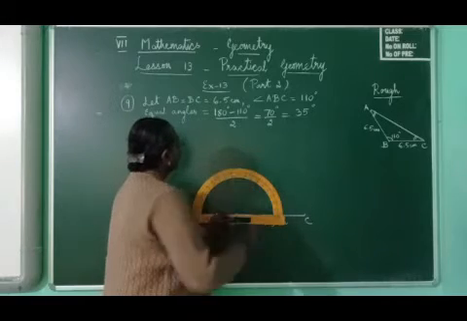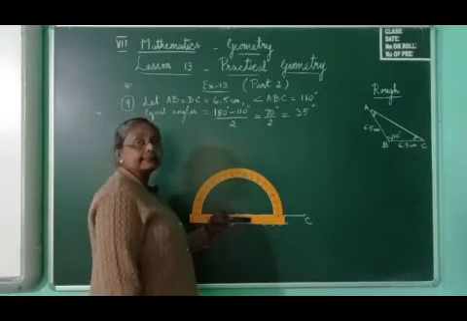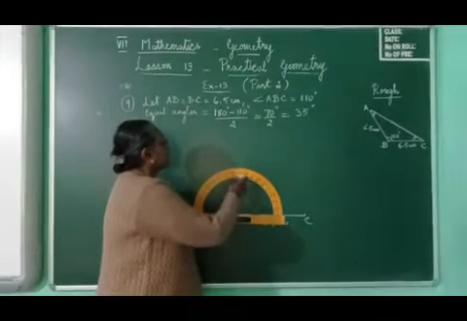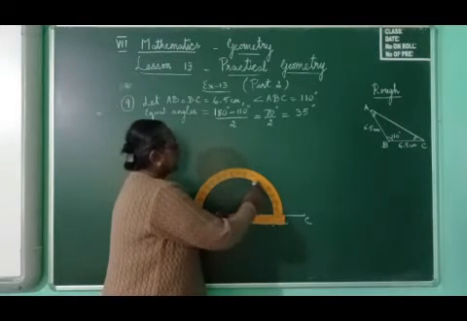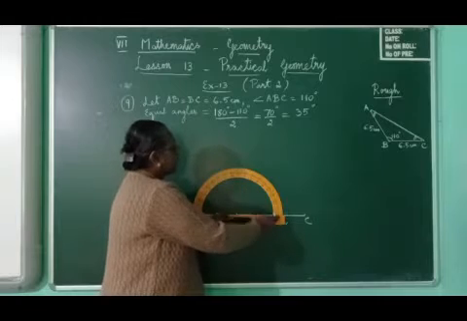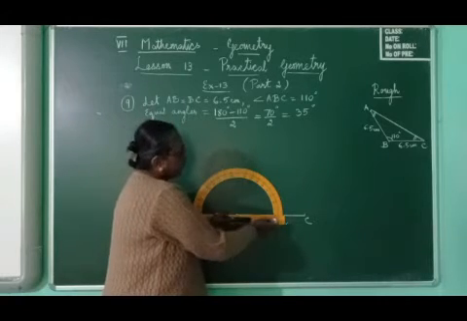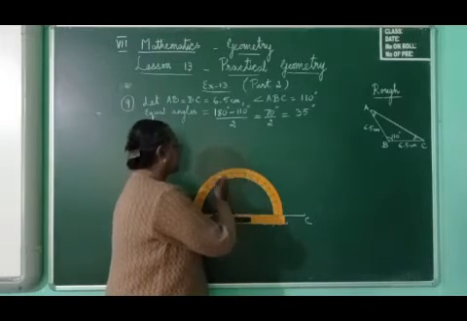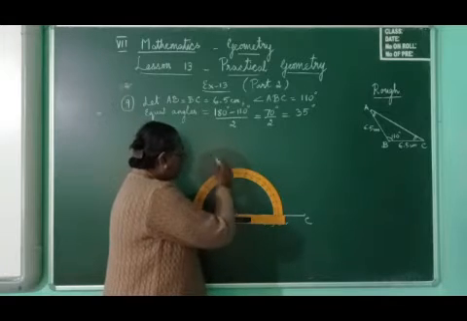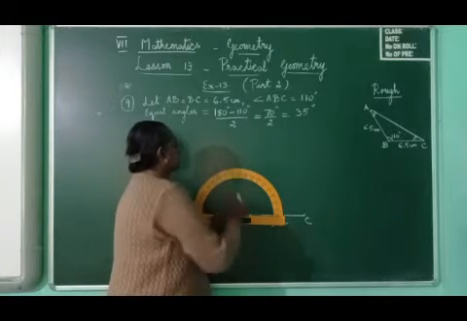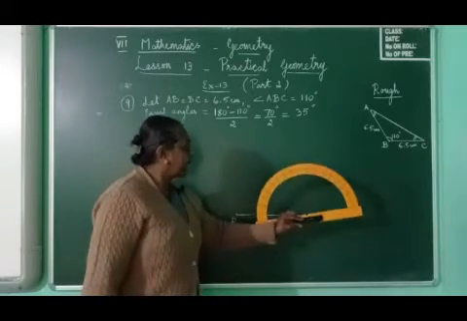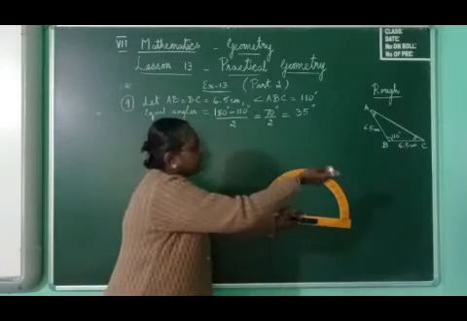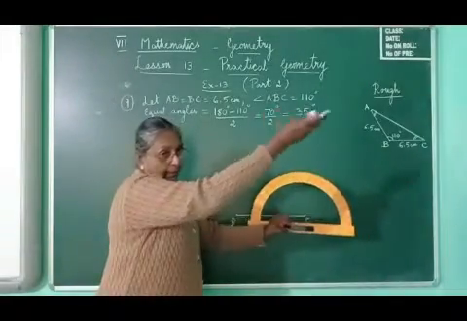Very clearly we should see and fix the angle. Here we can see 110 degrees on your protractors. It is the inner measure, the inner semicircle, starting from 0. Here we have to draw 110 degrees because we are drawing at B. If we were drawing at C, we would see the other one because it would go to the right side.